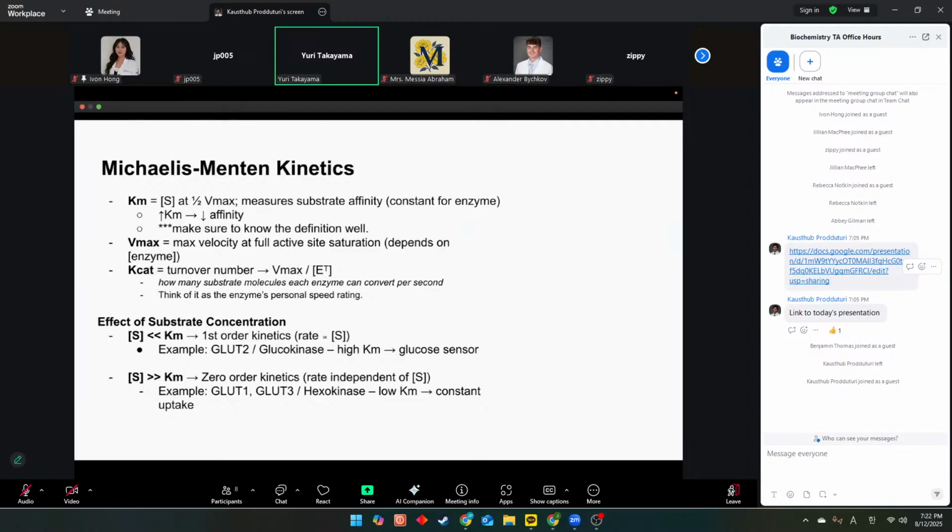It has a high Km and works best at high glucose levels, acting as a sensor in the liver and pancreas. And when the substrate is way above Km, the enzyme is saturated, so it's zero order kinetics. An example for this is GLUT1 in the brain, which ensures constant glucose uptake even when levels fluctuate.